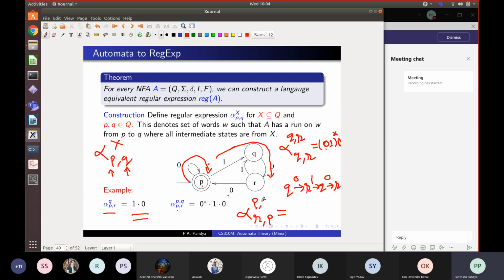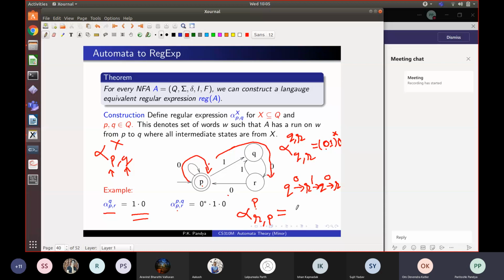I wanted P, Q. You can visit P any number of times and Q also any number of times. Let us remove Q also. Let's simplify life. Just have this. Sorry, new question. Alpha RP, where you want to move from R to P, but P can occur any number of times. What will it be?